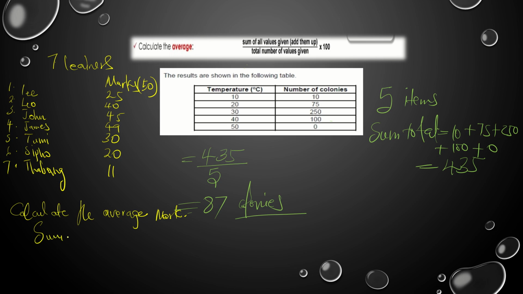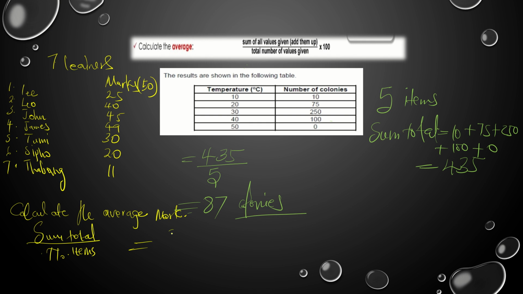Then you're going to say sum total divided by total number of items. Either way, because I don't want to complicate it. So let's just say number of items. Which means we are going to add the sum total.